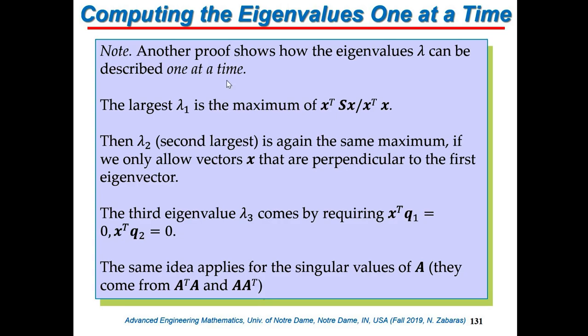For singular value decomposition, we have to compute eigenvalues and eigenvectors of A transpose A and A A transpose, which are square matrices even when A is not square. For that type of calculation, we can use the analysis you see on this slide.